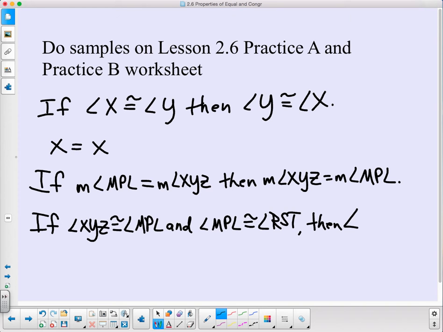What would it say up here to finish correctly on transitive? Morgan? That would be an example of transitive. Notice how it's got two statements in the hypothesis. Transitive has to have those two statements to put together.